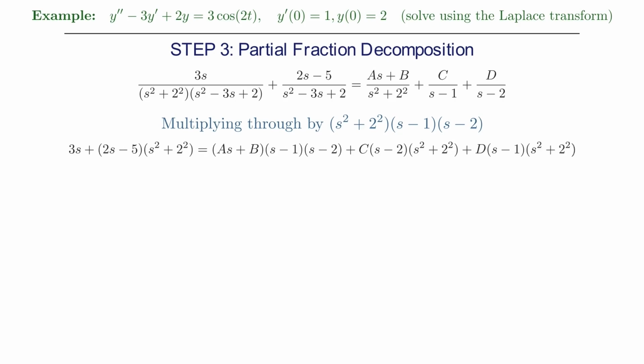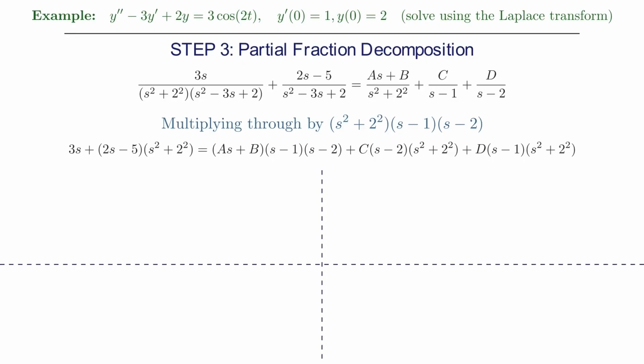And with the (2s minus 5) over (s squared minus 3s plus 2), the (s minus 1)(s minus 2) will cancel with the denominator, leaving us (2s minus 5) times (s squared plus 2) squared. And this is going to be equal to (as plus b) times (s minus 1)(s minus 2), as the (s squared plus 2) squared will cancel. And similarly, we'll get c times (s minus 2)(s squared plus 2) squared, plus d times (s minus 1) times (s squared plus 2) squared.